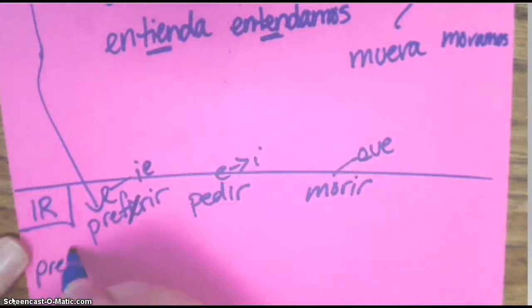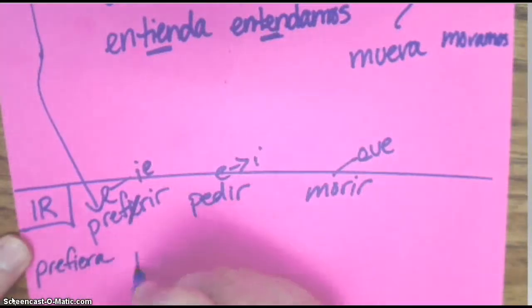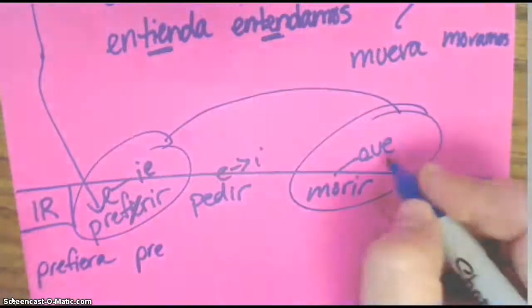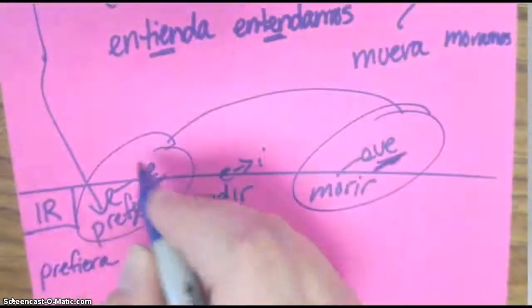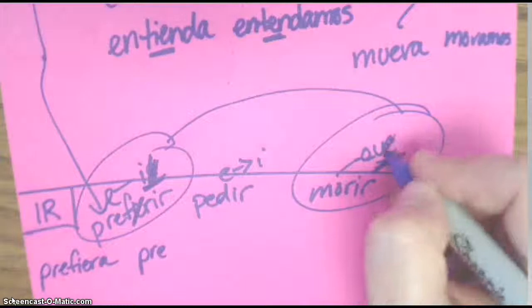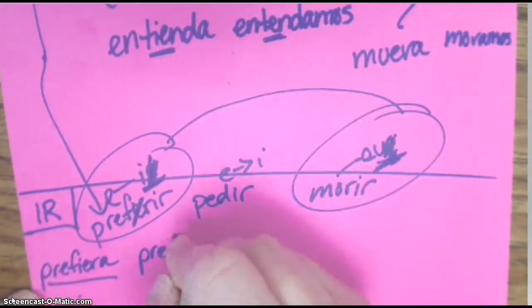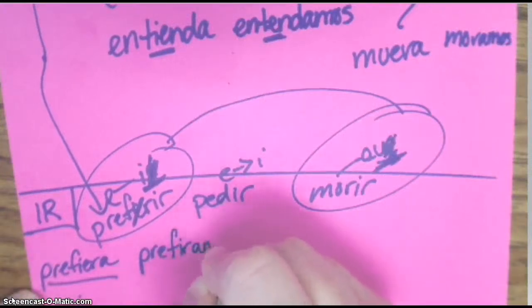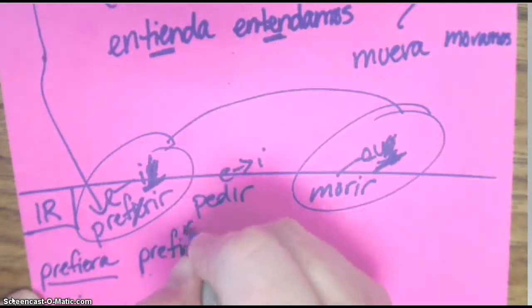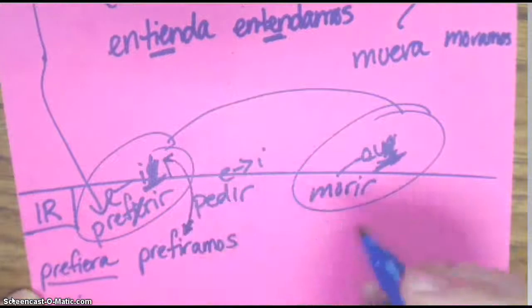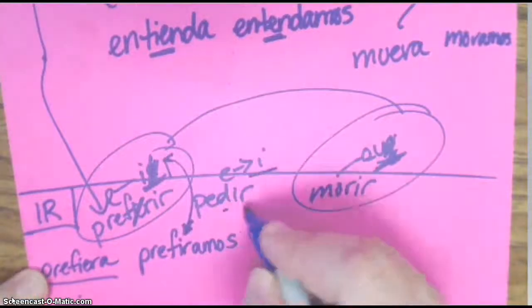So, prefiera. And then on these two right here, the two that have two vowels in the stem, you're only going to take with you the first one on the nosotros only. Everything else is going to be normal. I'm going to do E to IE: prefiera, prefieras, prefiera, prefieran. And then right here, it's going to be prefiramos. So I'm changing the stem of the nosotros on these, but only to the first vowel in the little stem change directions there. This one only has one vowel, so that's easy.